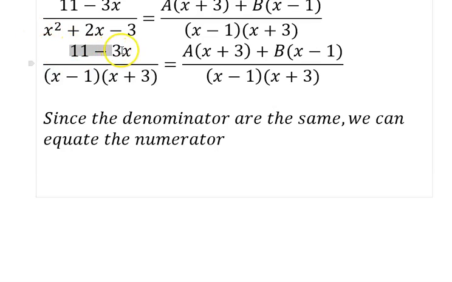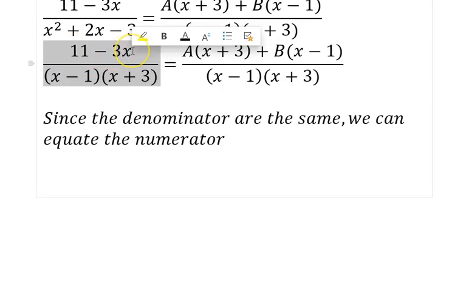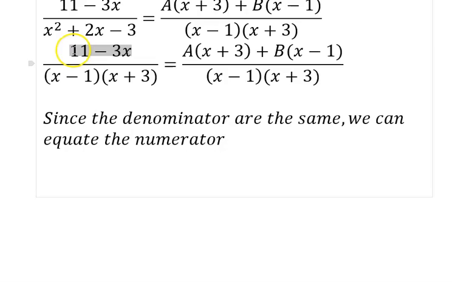So the numerator is what? 11. We have 11 minus 3x, because we actually want to equate the numerator on our right hand side.